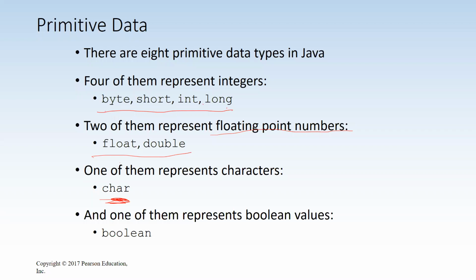And one of them represents Boolean values. That's called boolean. So those are the 8 data types. For integer, you have 4. For decimal numbers, you have 2. And then you have char, and you have boolean.